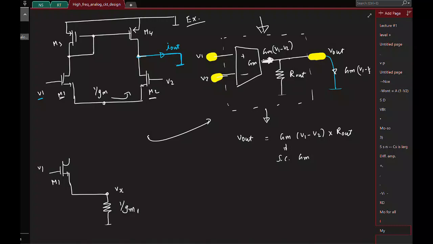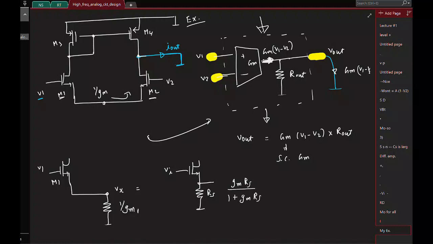Vx. So what kind of configuration is this now? Yeah, it's common drain, source follower configuration. So again, I asked you to check this. If you have some RS here, apply Vi, what will be the output here? We saw it will be GMRS by 1 plus GMRS.